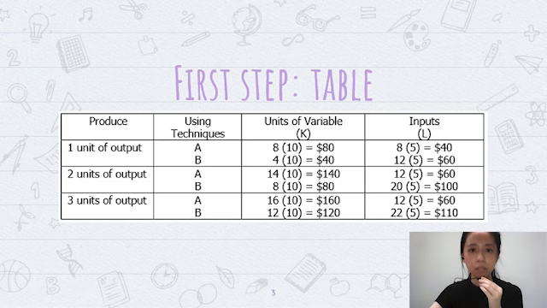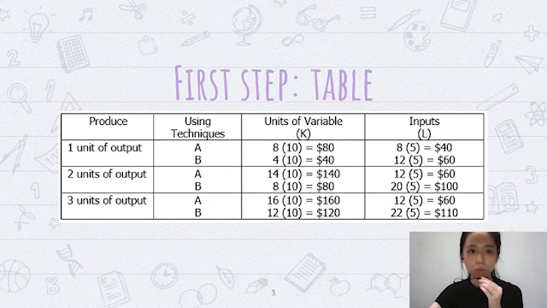First step, we build a table to calculate all output for the units of variable inputs. For 1 unit of output, using technique A, the units of variable is 4 times 10, equal to $40.